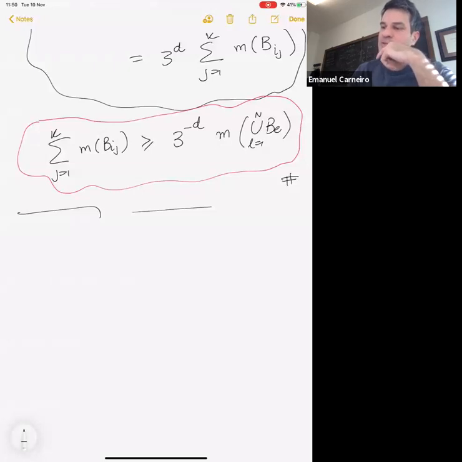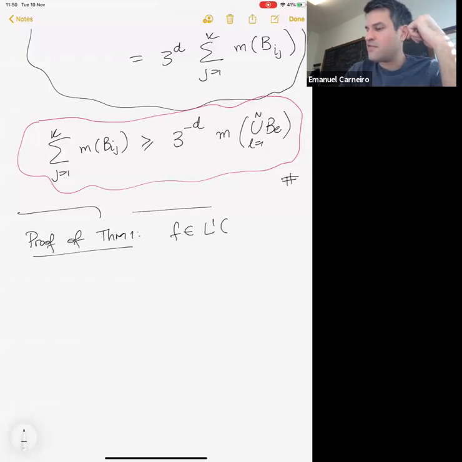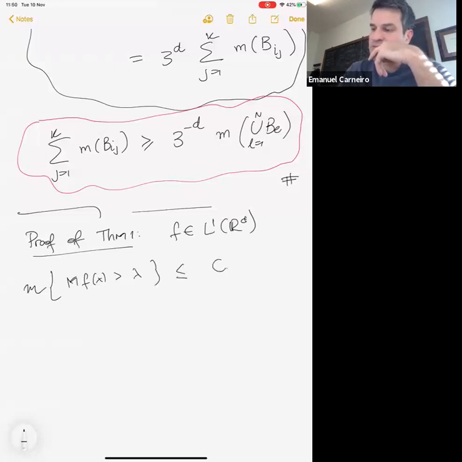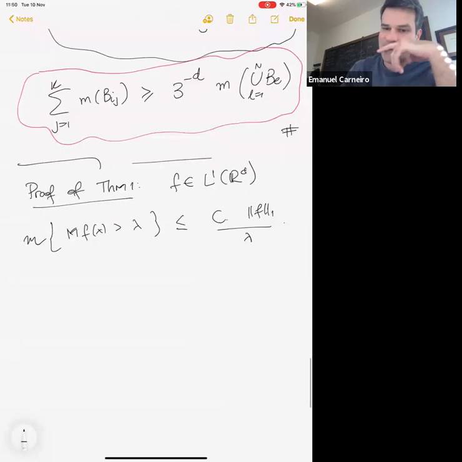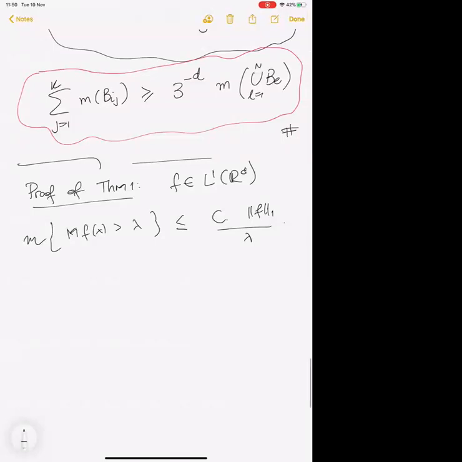Now let's go back to the proof of our theorem. Let's prove our theorem 1. Remember, the theorem: we had a function f in L1, and we wanted to prove that the measure of the set where the maximal function is bigger than lambda is bounded by this.